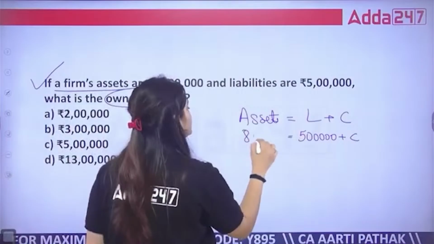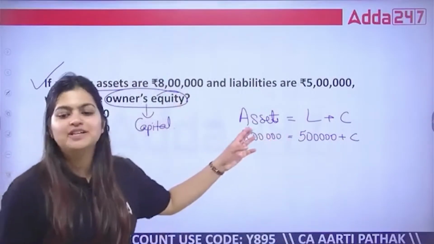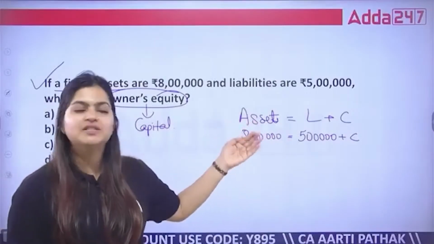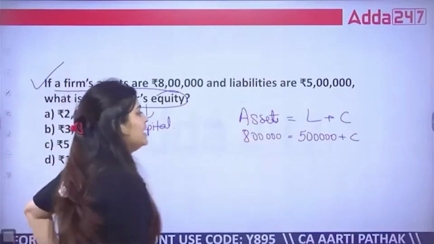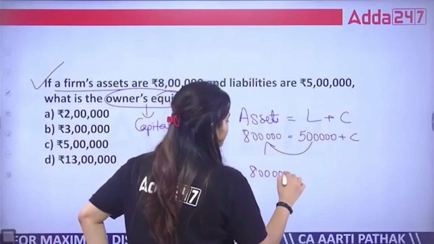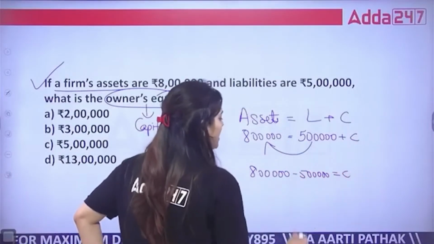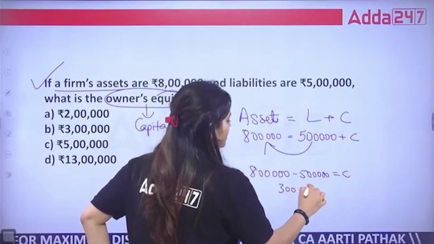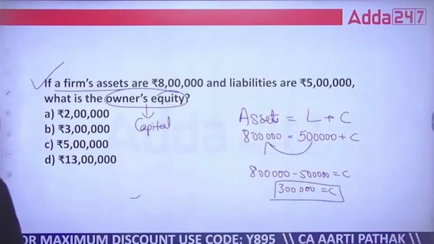Assets equal 8 lakhs. If you know the equation, you can solve it, because after that you require just basic maths, correct? So if you transfer 5 lakhs to this side, 8 lakh minus 5 lakh will give you capital. So the answer is 3 lakhs, and this is your capital. The correct answer is B.